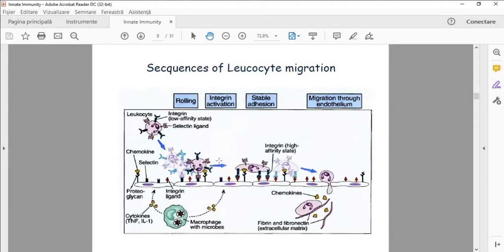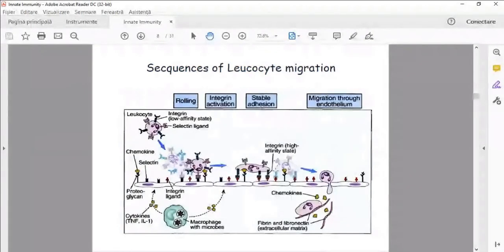The first step is to decrease the distance from the blood circulation, and next is to activate integrins and to establish a stable adhesion.